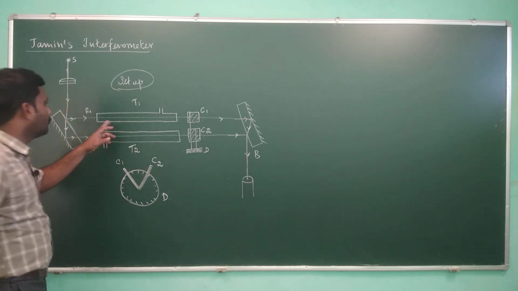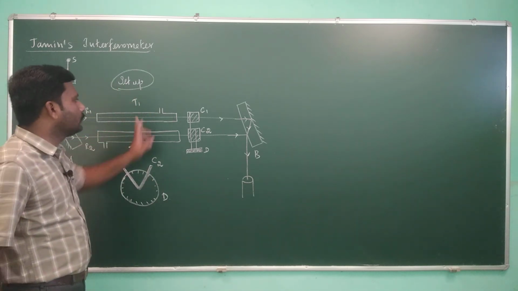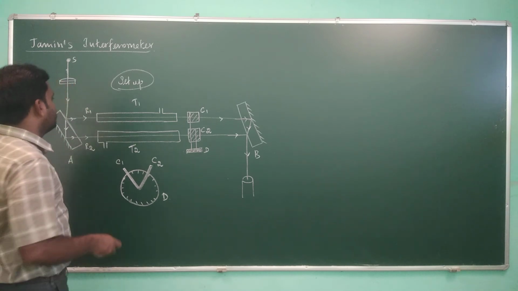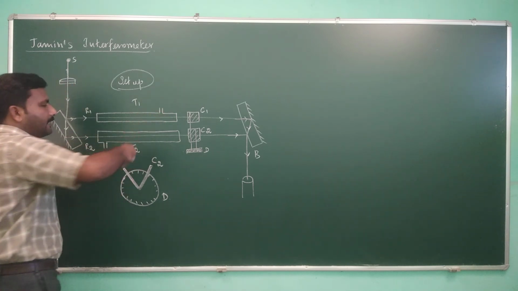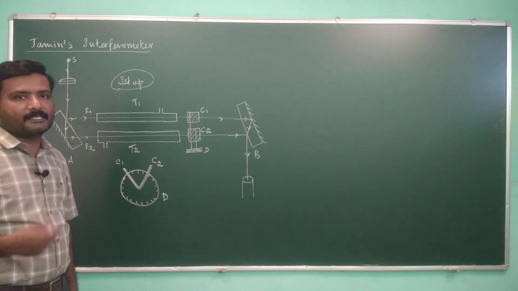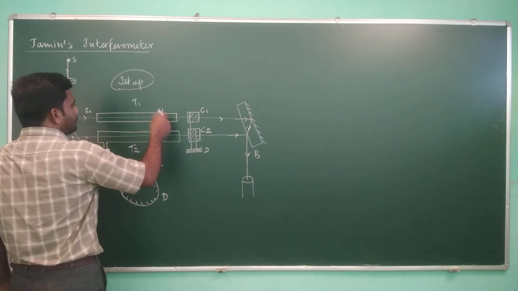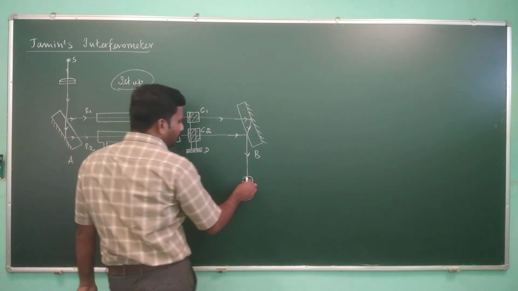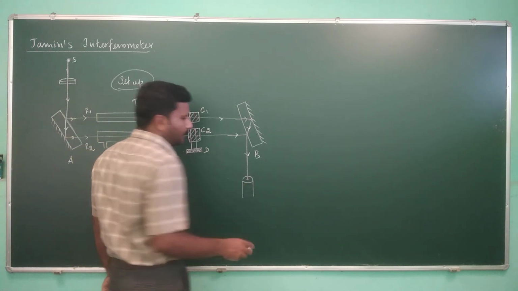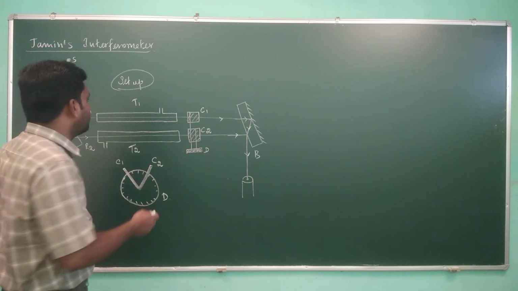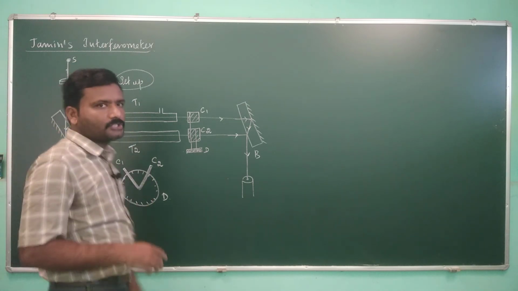Now if we allow a gas into one tube, when you slowly fill the gas, the gas has some refractive index, and as the pressure is increased, bright and dark spots appear from the dark spot because of the path difference created by the pressure change of the gas.